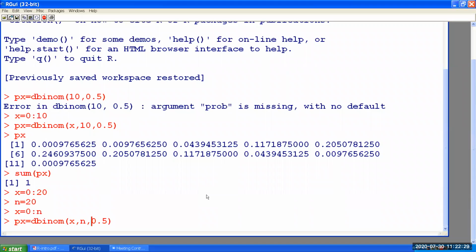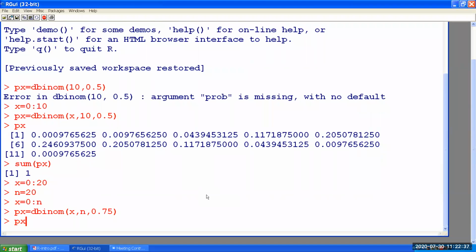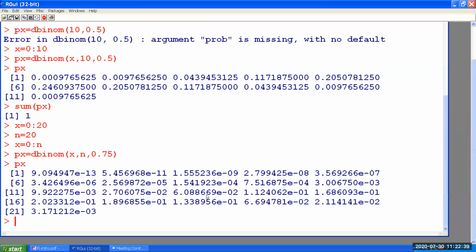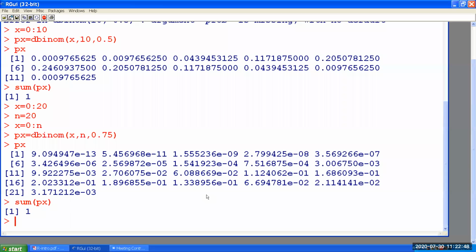Let us take p is equal to 0.75, for example. Now you can check what is px. Now if you take the sum of px, you can see that is 1.